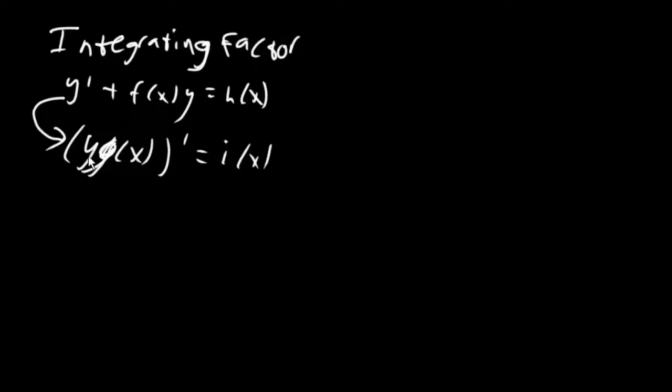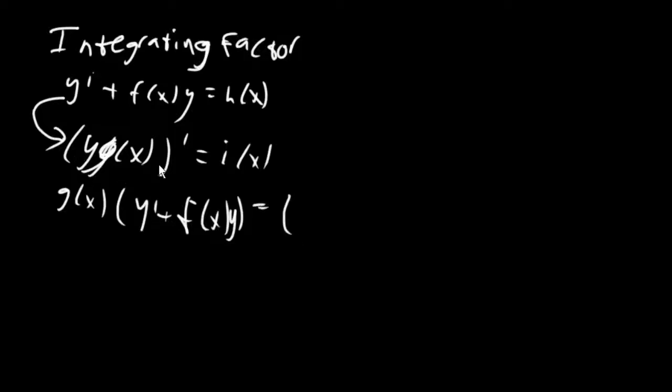So we're going to multiply everything by g of x. So g of x times y prime plus f of x, it's supposed to be an f, sorry, y, it's supposed to be multiplied by y, is equal to, well, it's just going to equal our end result. It's going to equal y g of x prime.